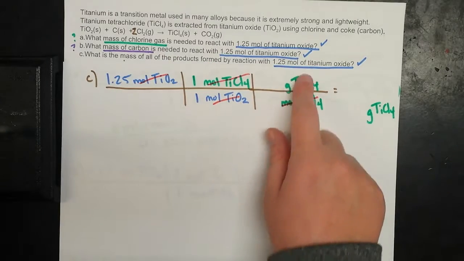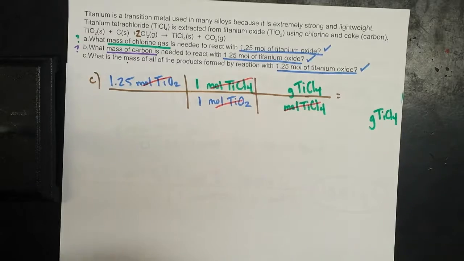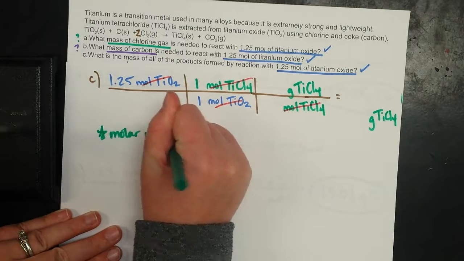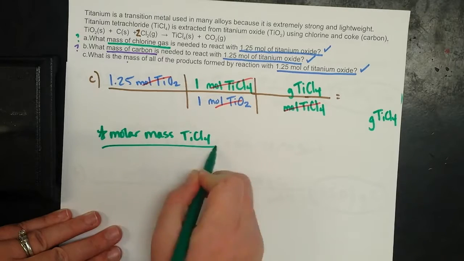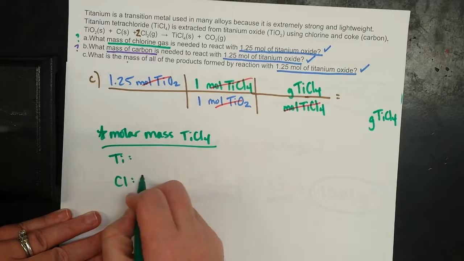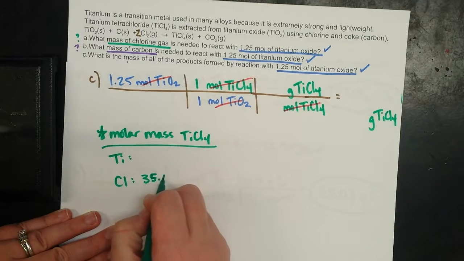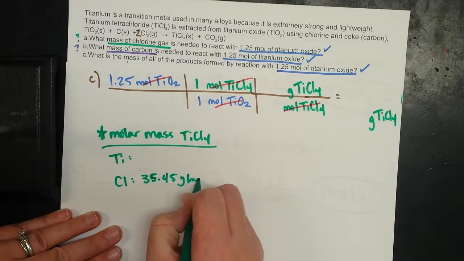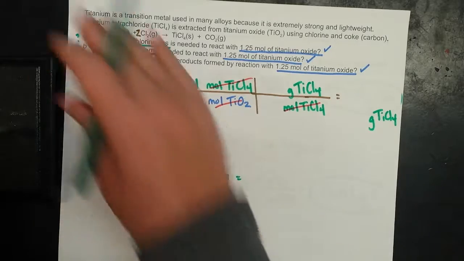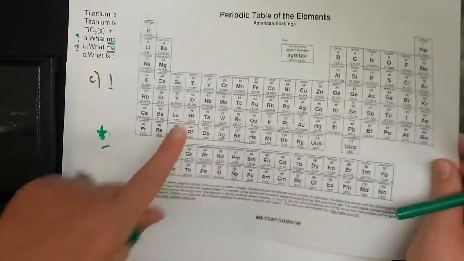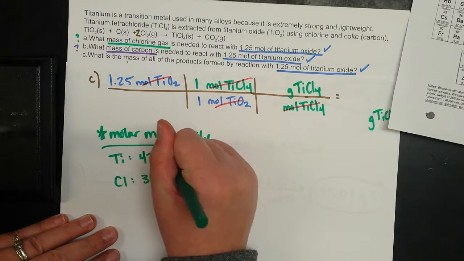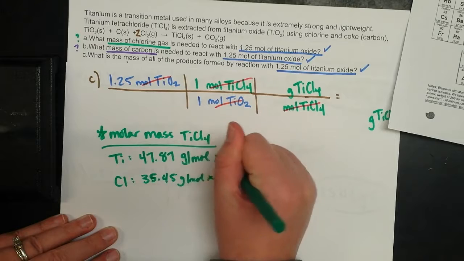Here I need to get between moles and mass using molar mass of titanium tetrachloride. So I'm going to take the mass of titanium and the molar mass of chlorine. I know that chlorine is 35.45 grams per mole, and I've got 4 of them. Titanium, if you look on the periodic table, is 47.87 grams per mole, and I've got 1 of them.